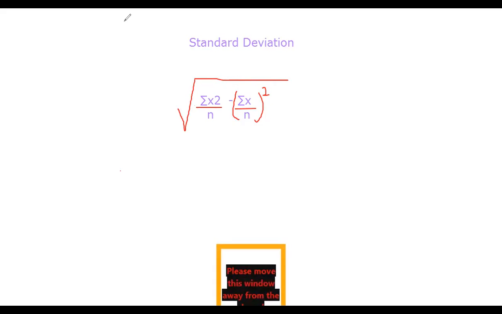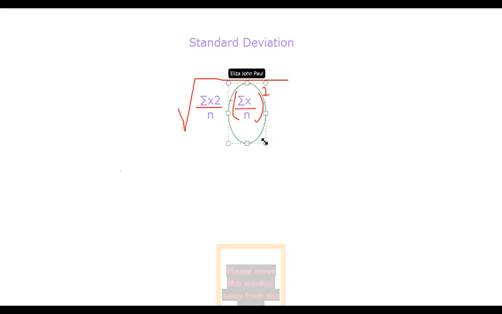Are there any doubts? You can find one value here that we have seen where we discussed arithmetic mean, right? The sigma x by n is our arithmetic mean.